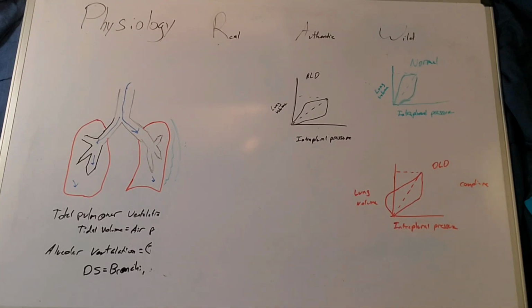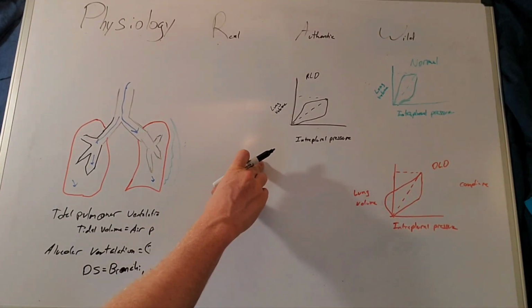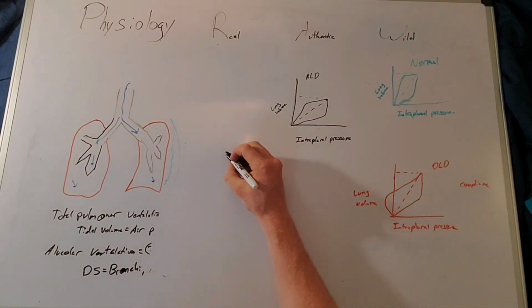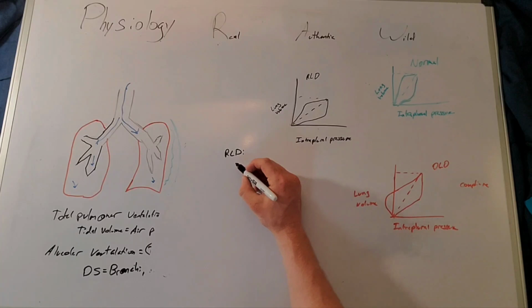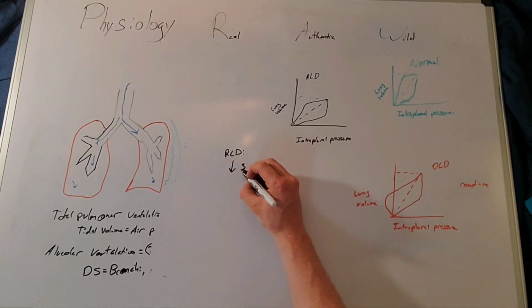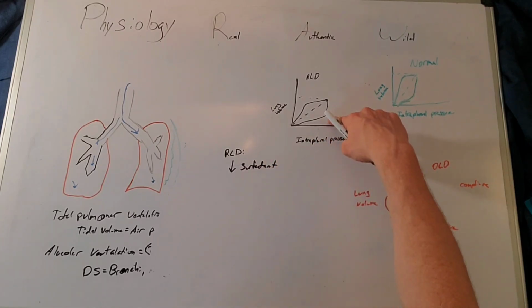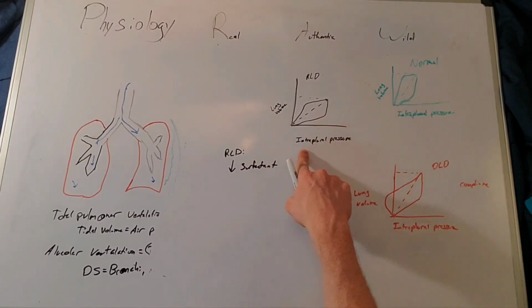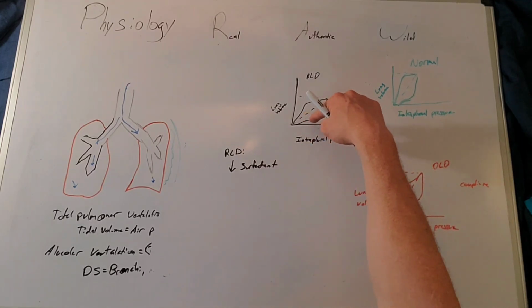So when we see restrictive lung disease, maybe it doesn't have as much, so let's say less surfactant. So now it takes more pressure, more energy that we have to create through our musculature, our diaphragm, and our intercostal muscles.